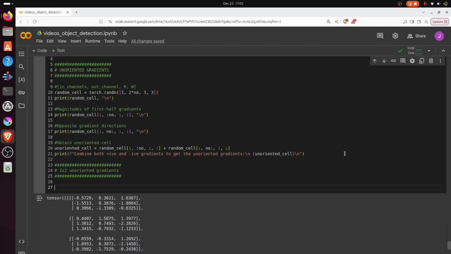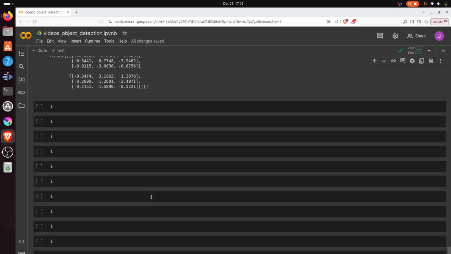Now to create these 2x2 unoriented gradients, we are going to utilize the definition of previous operations. More specifically, remember that we defined padding in our original function.